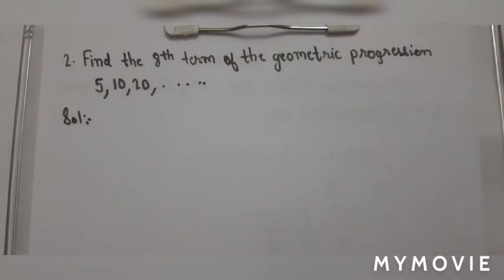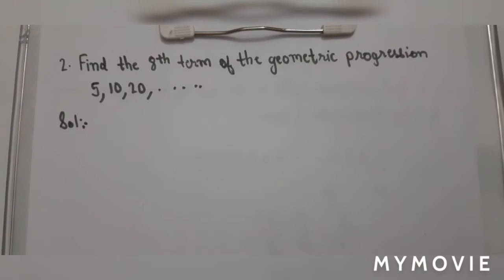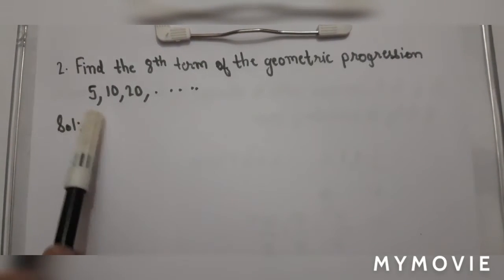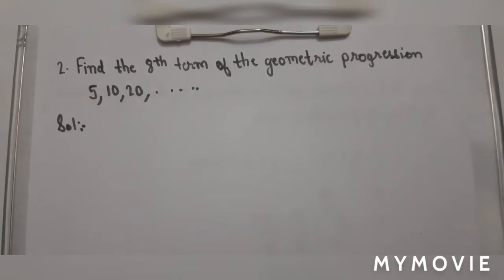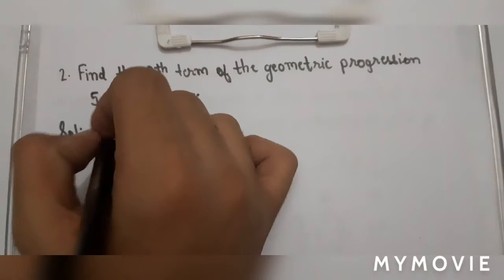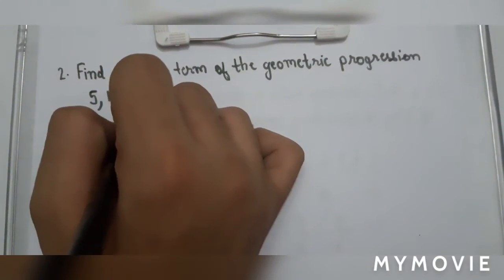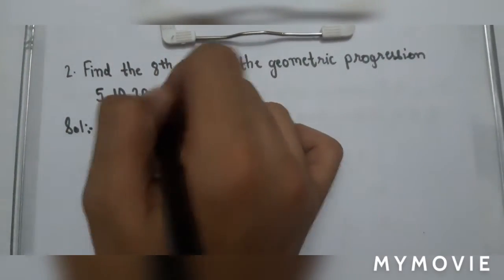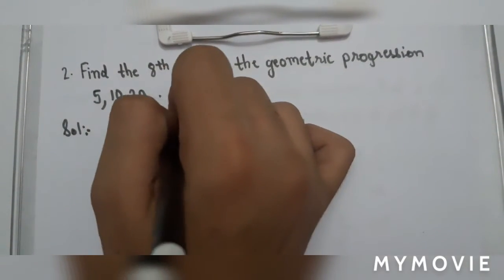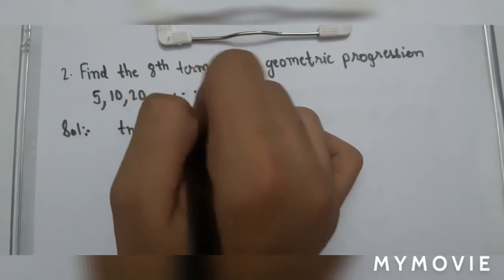So friends, our second example is: find the 8th term of the geometric progression 5, 10, 20. For finding any term we apply the formula A R to the power of n minus 1.